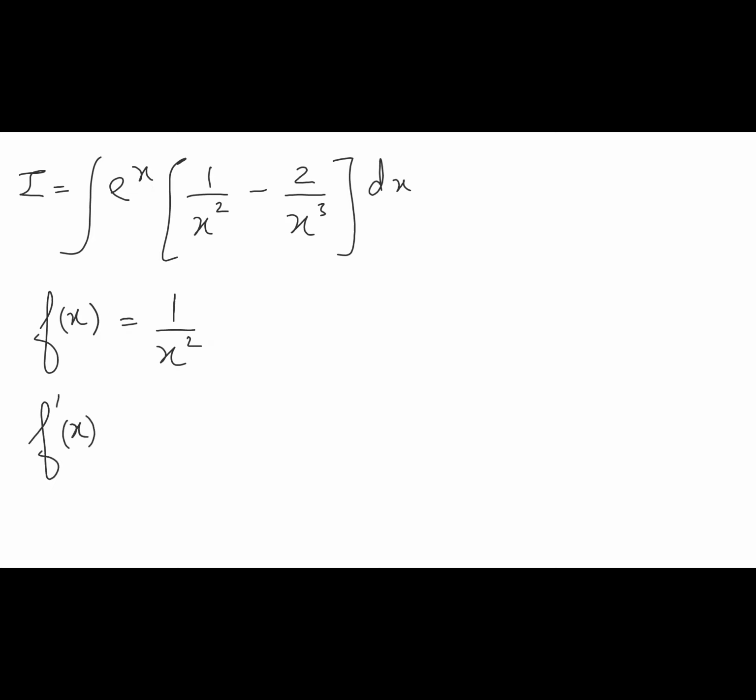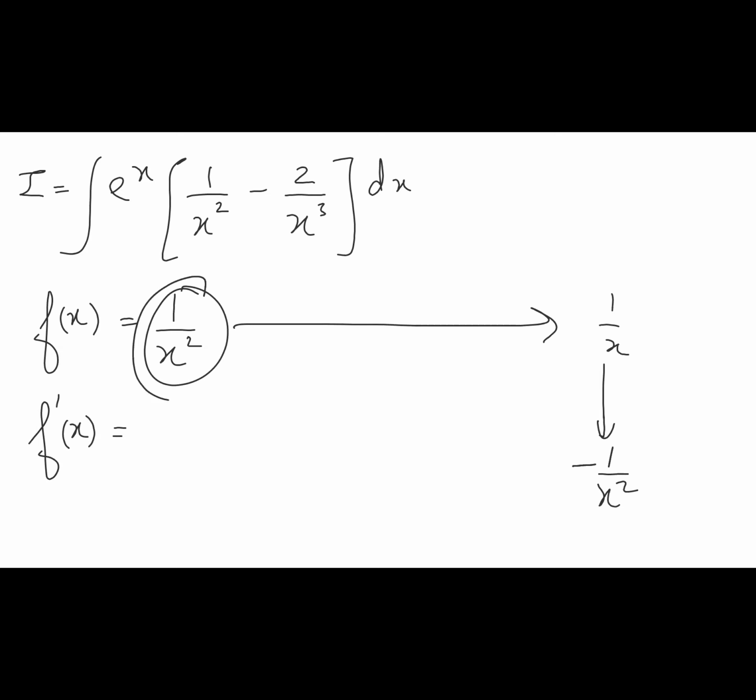F dash x is the derivative of this term. So I'm comparing this with the 1 upon x formula. The derivative of 1 upon x is minus 1 upon x square. So the derivative of 1 upon x square will be minus 1 upon x square the whole square into dy dx of x square, because your x is getting replaced with x square, the chain rule part.